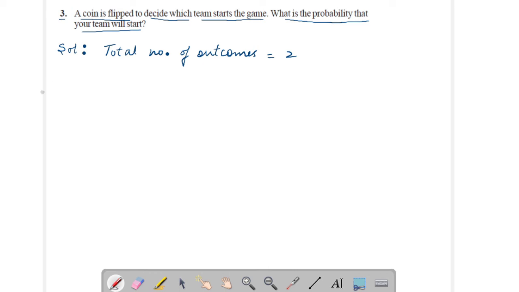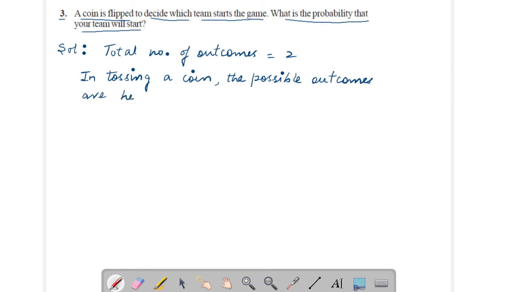Now, in tossing a coin, the possible outcomes are head or tail.